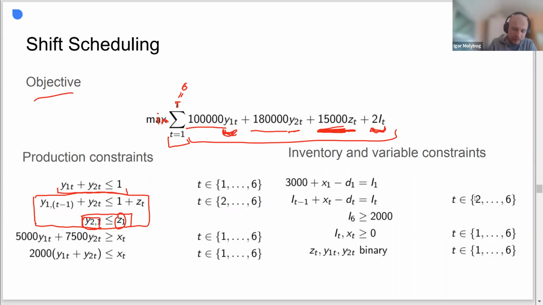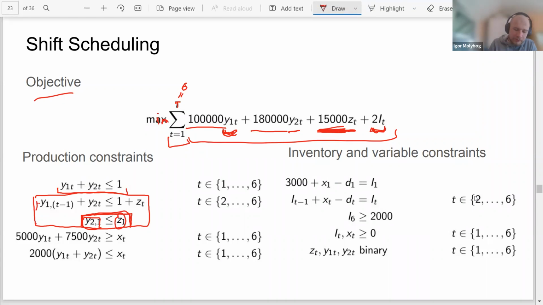Okay, so I hope I did convince you that this constraint here enforces z1 to be equal to 0 in case we are in a normal shift, and z1 being equal to 1 in case we have switched to the extended shift in month 1.